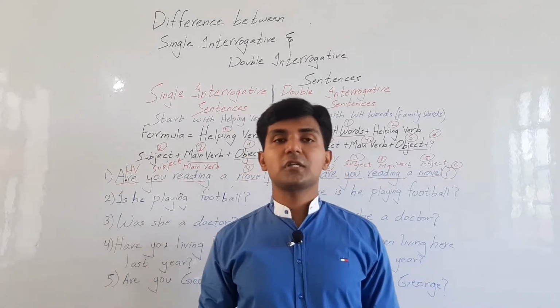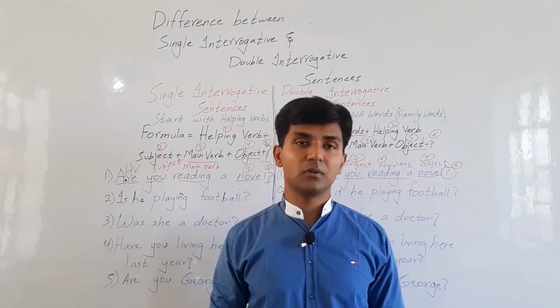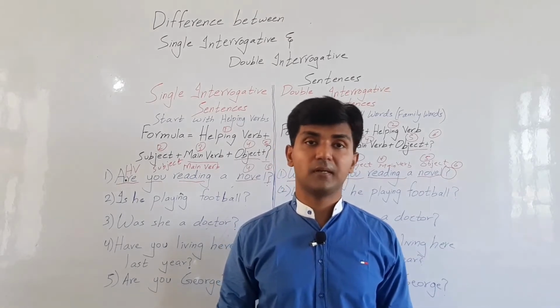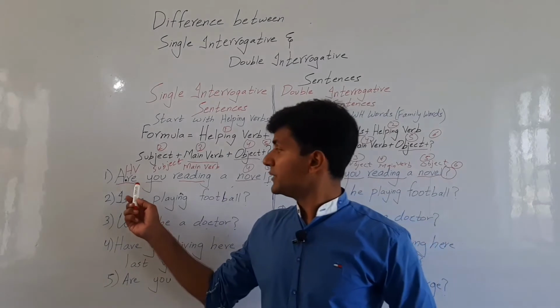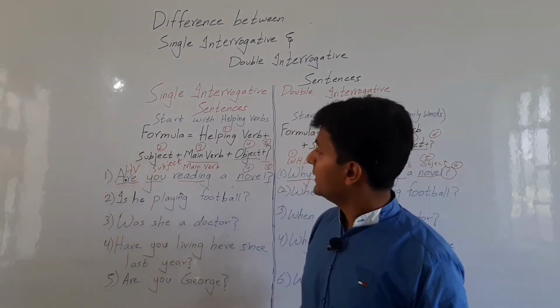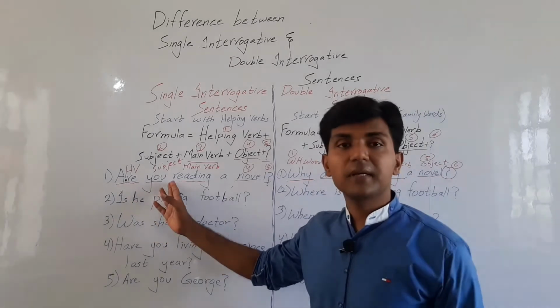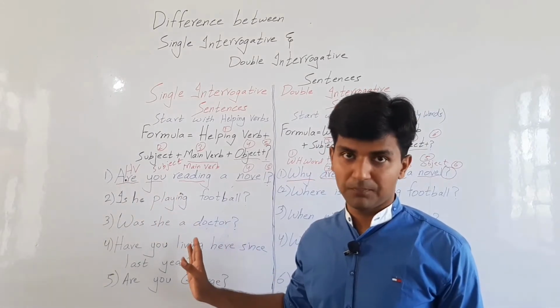So when we start questions, we put both types of questions. We put single interrogative as well as double interrogative questions. So there is one more thing, that we can also answer single interrogative sentences in yes or no.